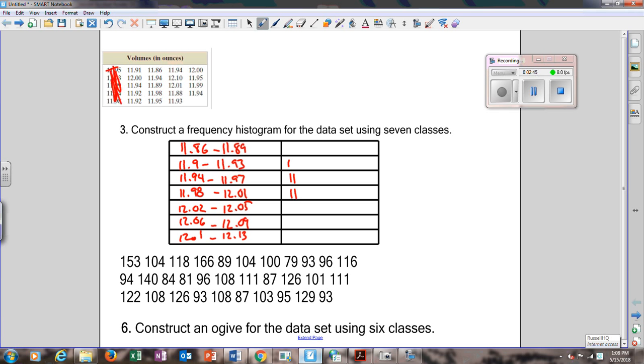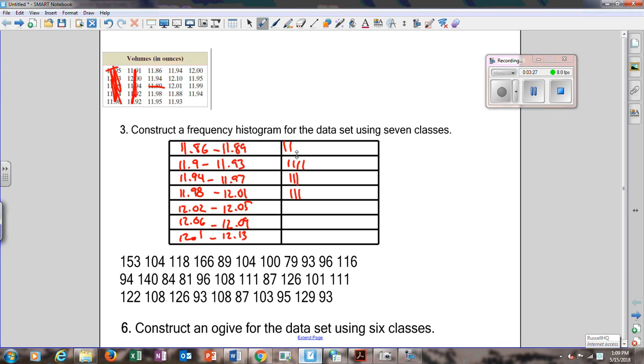First column's done. 91, 12.0, 94, 89, oops, I jumped into the other column. Anyways, I know this 89's out. So it's 92, 92. This column's done.